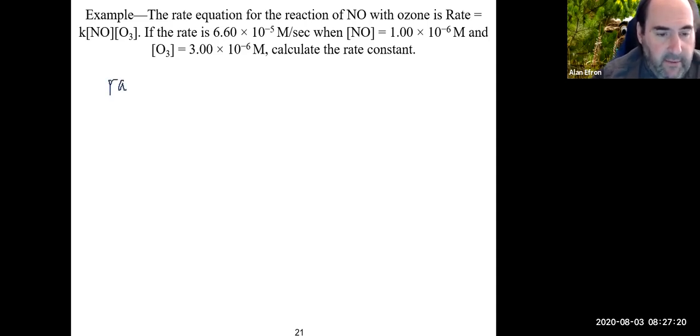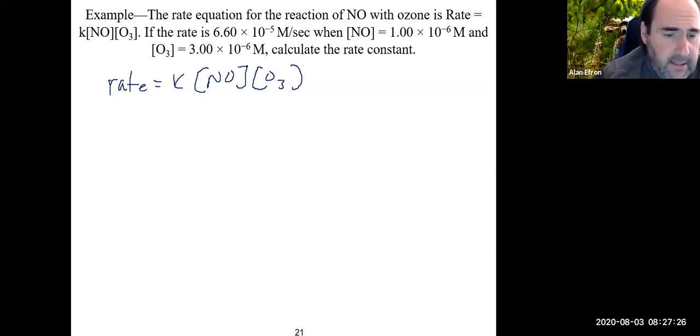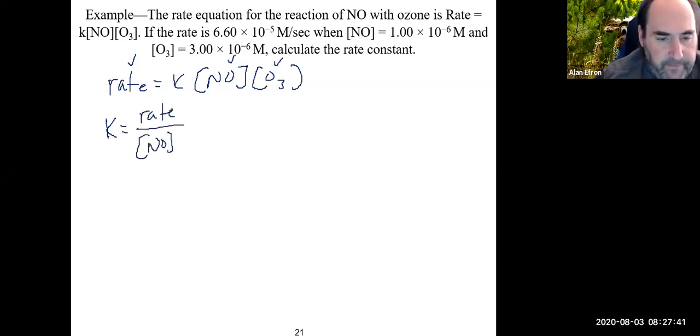So here the rate law is rate equals k times NO times O3. In this particular case, they gave us the rate. They also gave us the concentrations of these. So we pretty much just need to rearrange this. K would equal the rate divided by NO times O3.